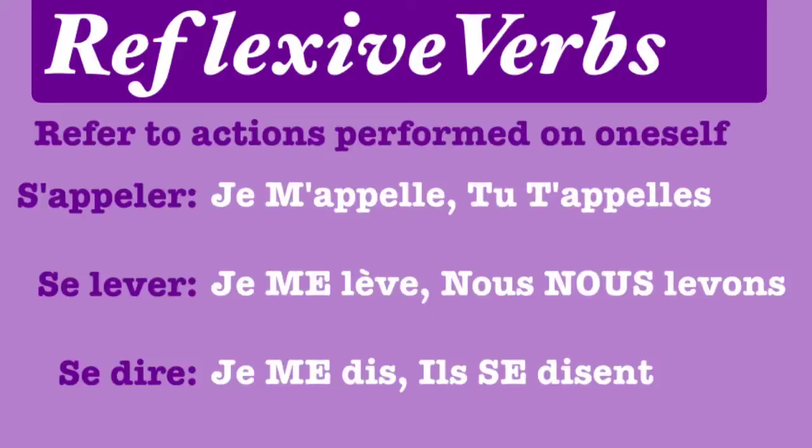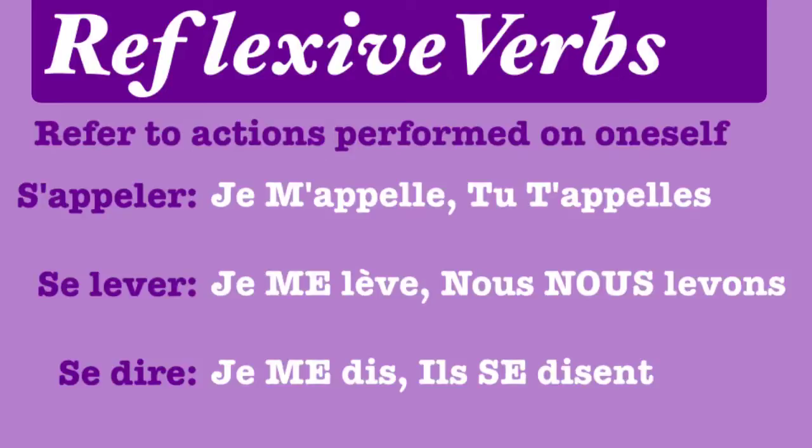For example, if I want to say my name is, I'm going to say je m'appelle, where je means I, and the m apostrophe is short for me, myself. I call myself. In the second example here, tu t'appelles, which means you call yourself, informal. The t apostrophe is short for te, which means yourself.